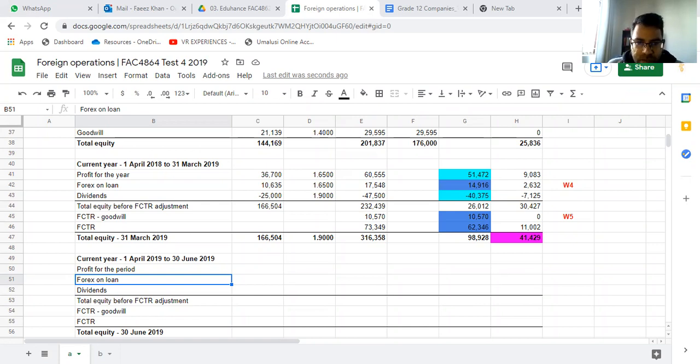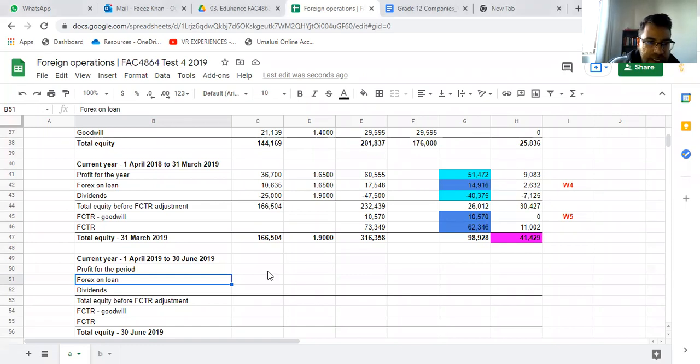Where did they give us the profit? Here they say profit for the period 1 April 2019 to 30th June 2019 is 13,763. So they're giving us the profit for those 3 months. If they gave us profit for the entire year, say 13,763 was for the entire year, then you'd have to take 3/12 to get the 3 months. But that is the 3 months, so we can plug it in as is.